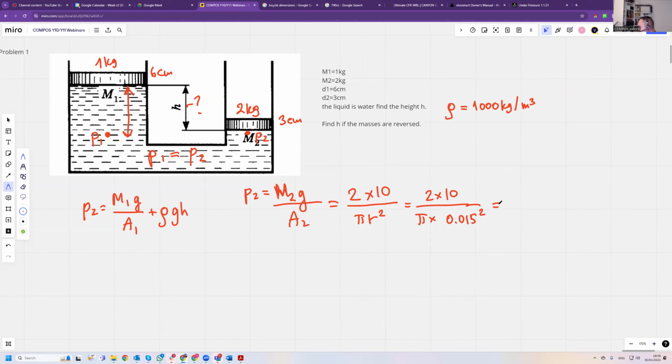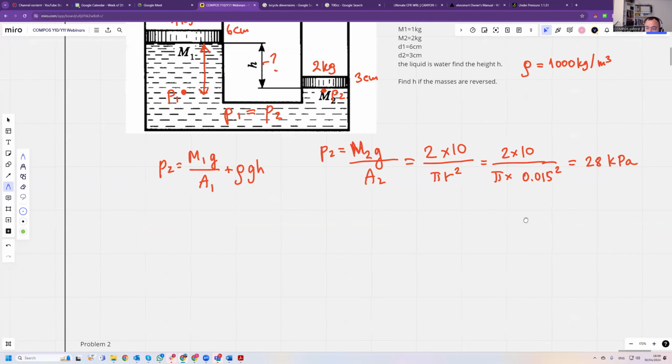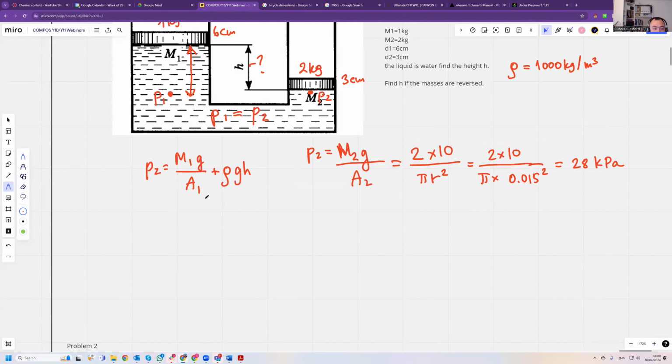That gives us 20 divided by pi divided by 0.015 squared, which is 28 kilopascals, 28,000 pascals.